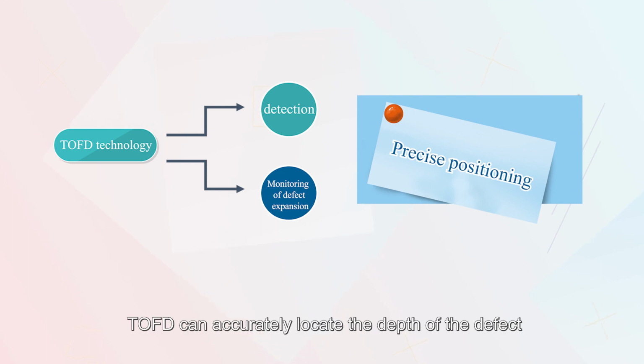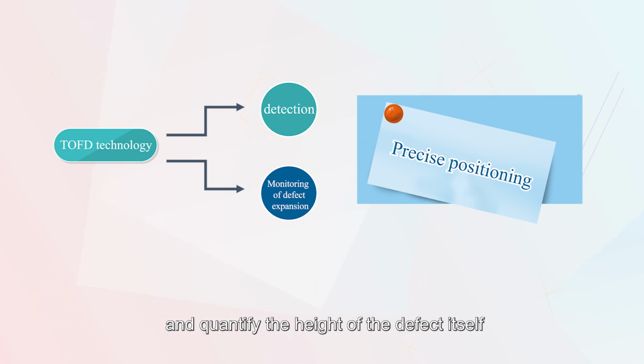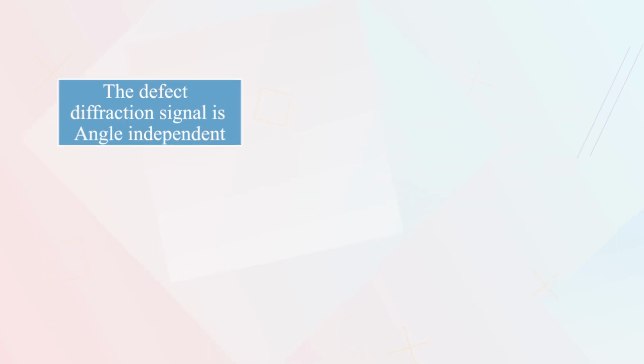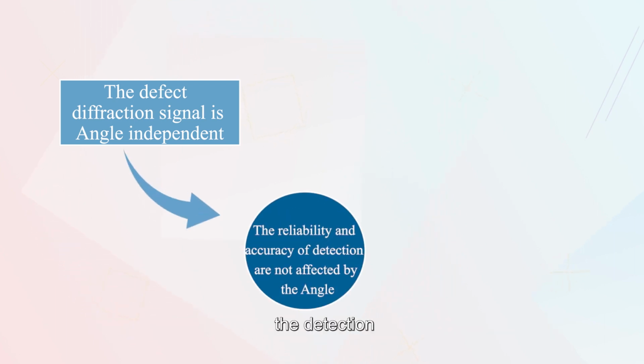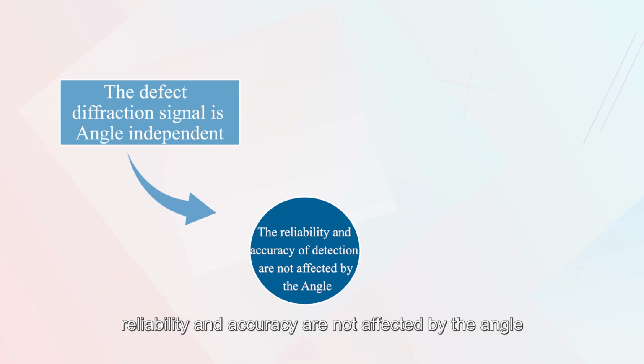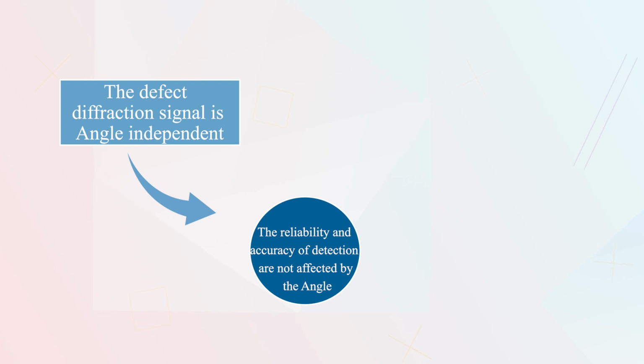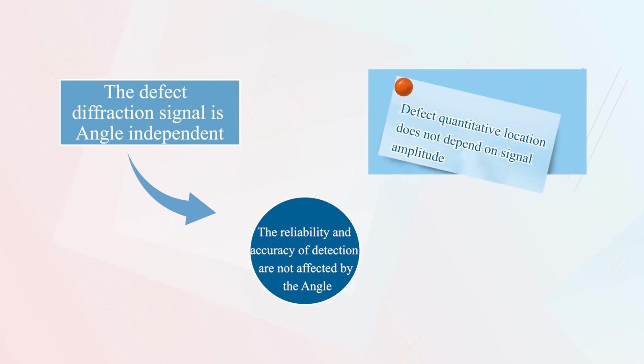7. TOFD can accurately locate the depth of the defect and quantify the height of the defect itself. 8. Since the defect diffraction signal is independent of the angle, the detection reliability and accuracy are not affected by the angle. 9.